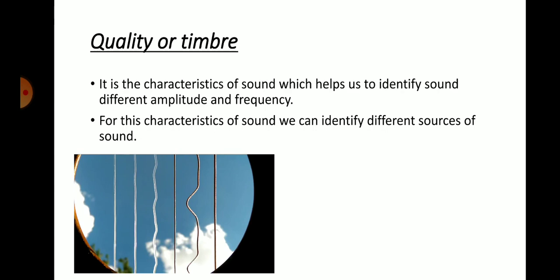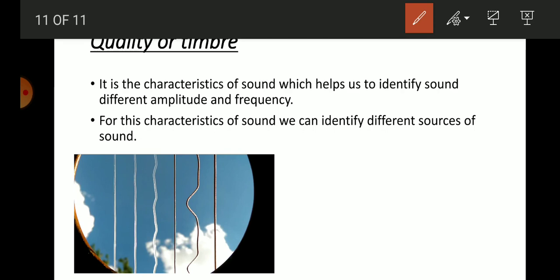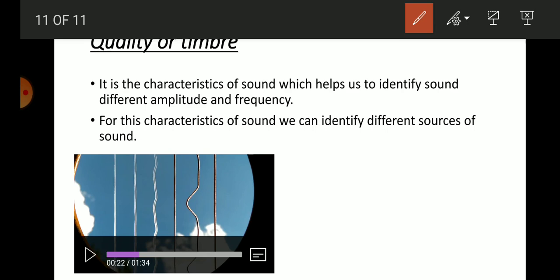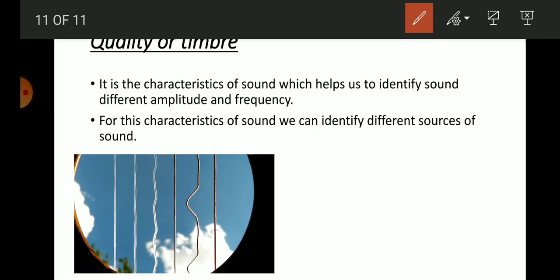Also, one more thing you can see here: while the strings are vibrating, each and every string is vibrating in a different way, and they are producing different types of sound. Not only that, the strings are vibrating with different frequency and loudness.